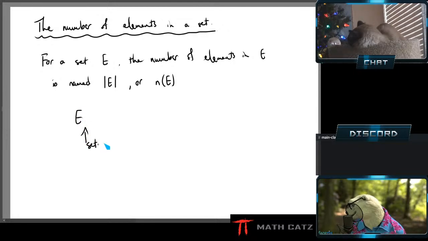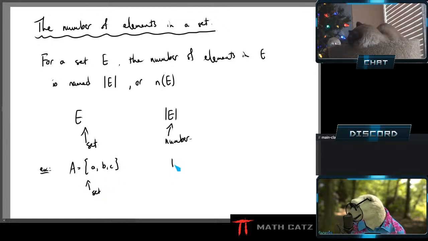But please note that is a set, that is a number. For example, if we look at our big A having little a, B, and C, that's a set. The number of elements in A is 3. Very big difference.